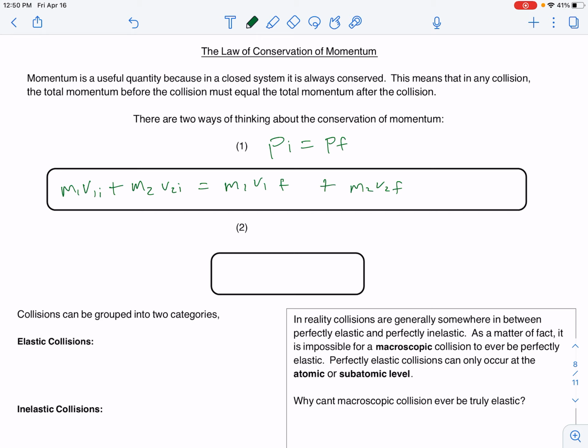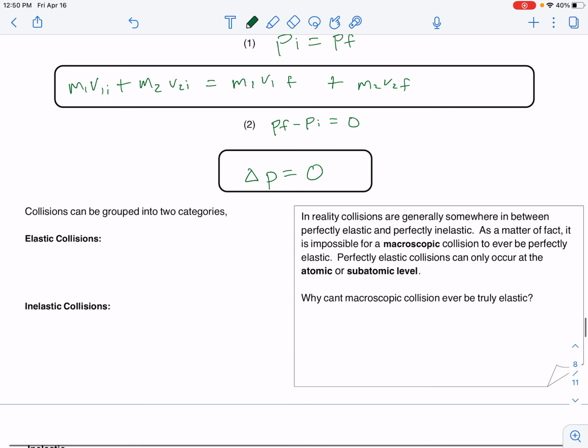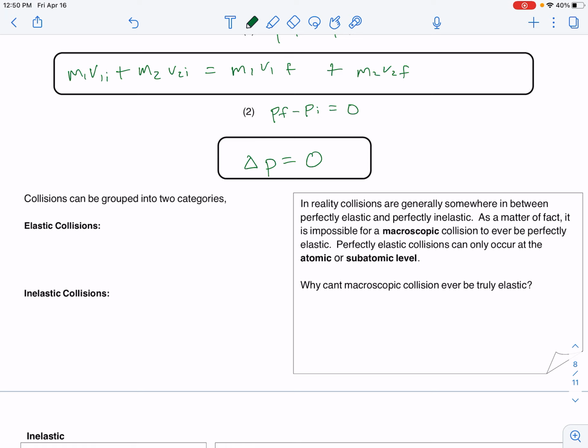Another way we could say this is that our final momentum minus our initial momentum is going to be 0, or the change in momentum in a collision is going to be equal to 0. Now, we have two types of collisions: perfectly elastic and perfectly inelastic.